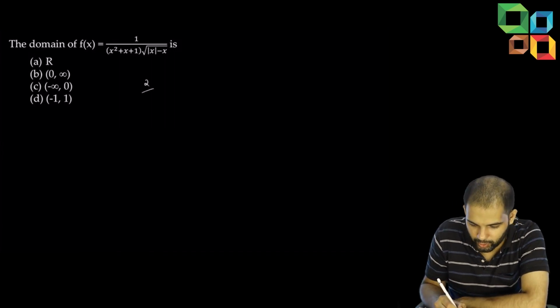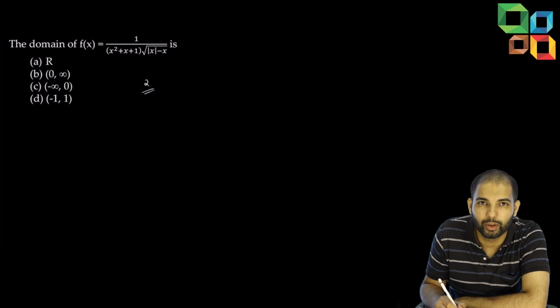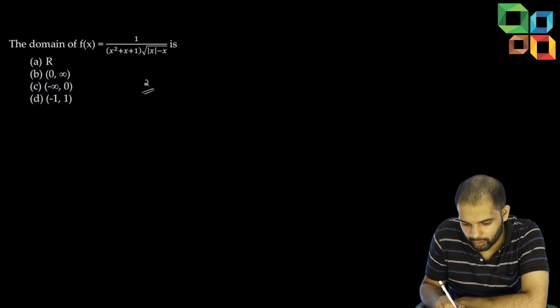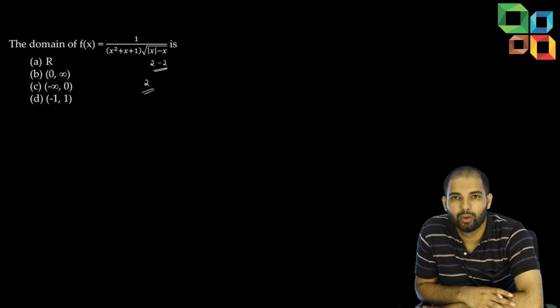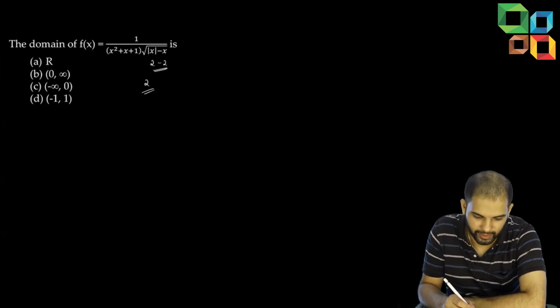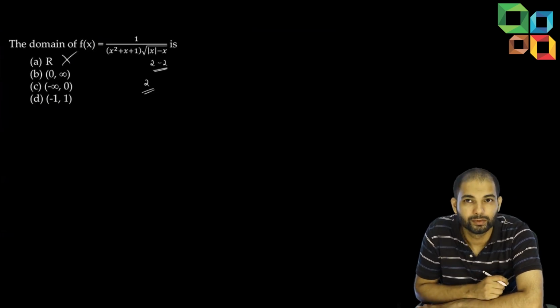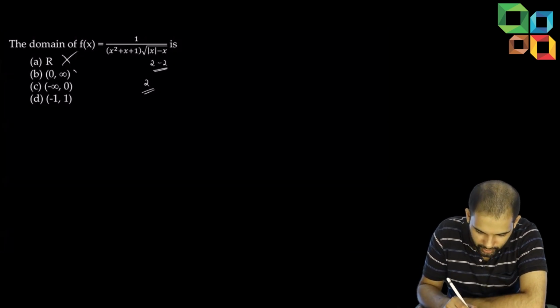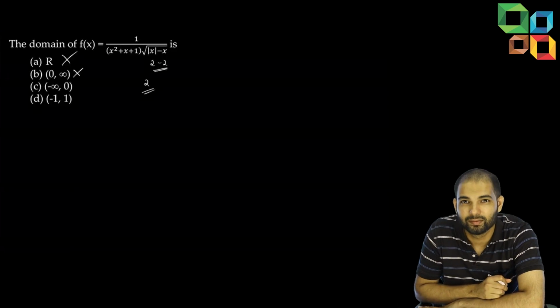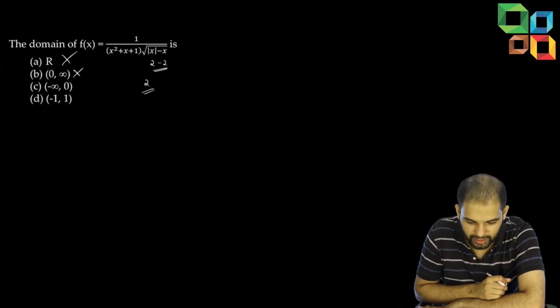Can I check for x equal to 2? When I put 2 here, minus 2, isn't this 0? So all real certainly fails. I took example 2, so obviously this also should fail. So the only option might be C or D.